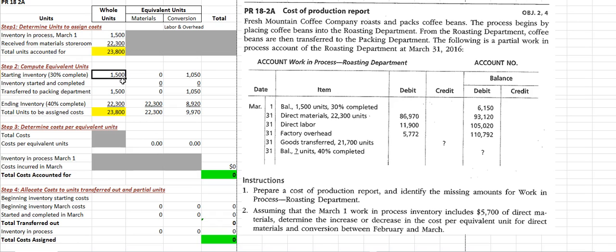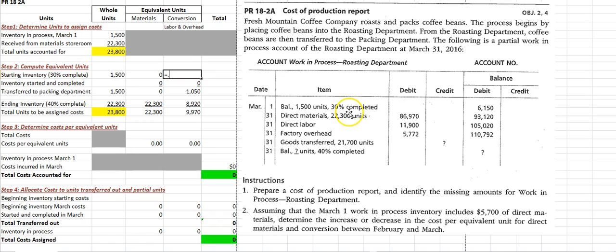So as I was saying, I have 1,500 units that were in the roasting department from prior month. They stayed there, right? This month, there's going to be zero material added to it because all of it was added in the prior month. So there's no need to add a cost related to materials. However, this problem says that this 1,500 units is 30% complete. So how much do I have to complete this month as far as equivalent units goes? If it's 30% complete from the prior month, I must complete another 70% of work.